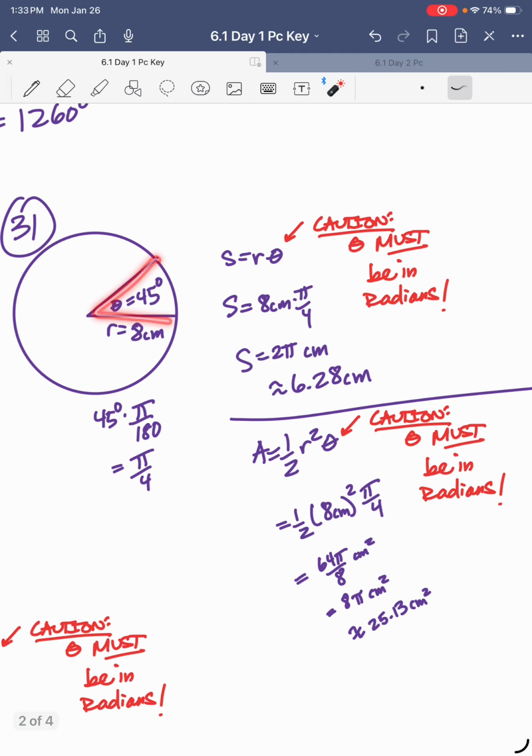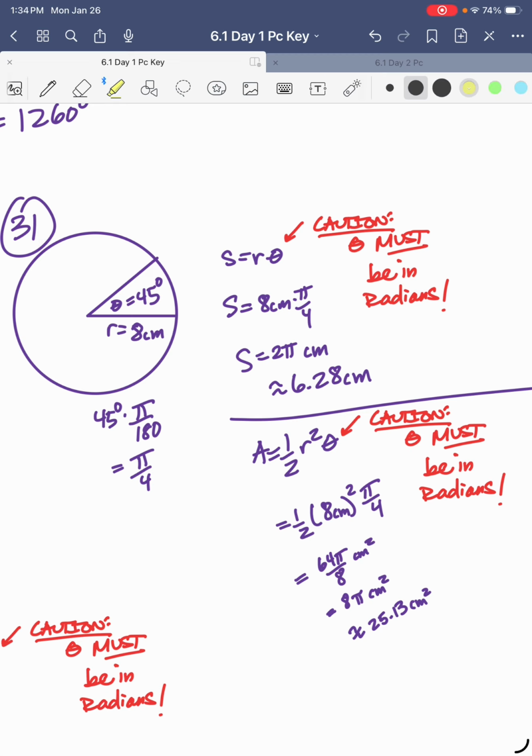Here, if I open up 45 degrees and I know r is 8 centimeters, I want to find out what the arc length was here. So what is this arc length S? S is equal to question mark. Well, again, S is equal to r theta. Here's the common mistake: people will put degrees in here.